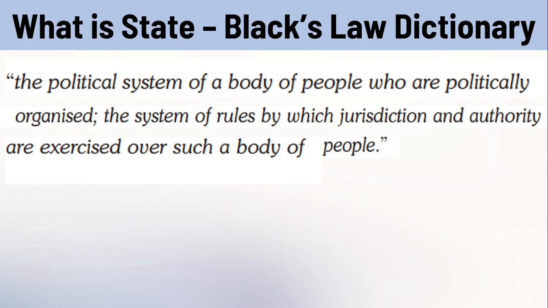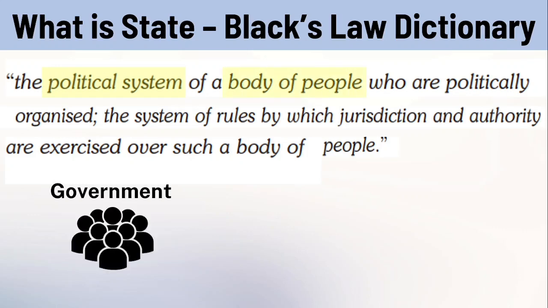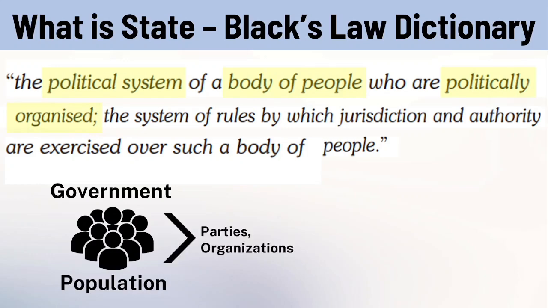Firstly, the state is the political system. What is a political system? It's a set of rules that make up the government, of a body of people. So we have the people or a population. A body of people who are politically organized. Politically organized means the people have organized themselves into parties, associations, etc., and they are ready to contest elections, make up the government and exercise supreme power over themselves.